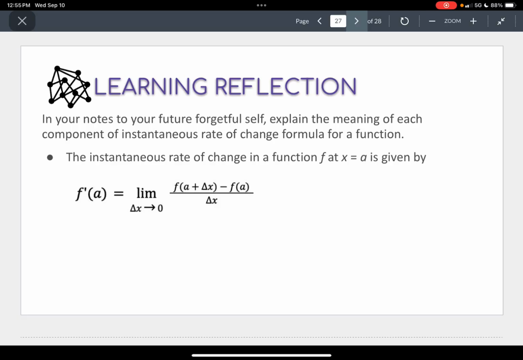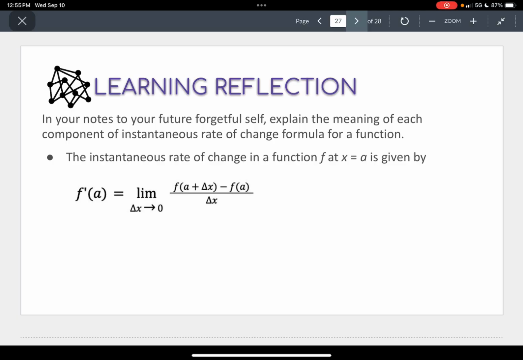Learning reflection. In your notes to your future forgetful self, explain the meaning of each component of the instantaneous rate of change formula for a function. The instantaneous rate of change of a function f at x equal a is given by f prime of a equals the limit as delta x goes to 0 of f of a plus delta x minus f of a, all over delta x.